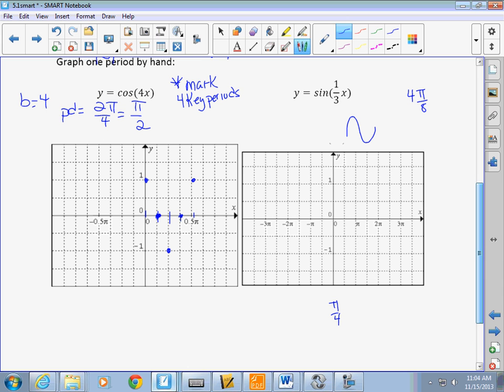The next one over I have to go below, but then I'm back up to 0 in that third section. You'll get those memorized. So that's what one period would look like.